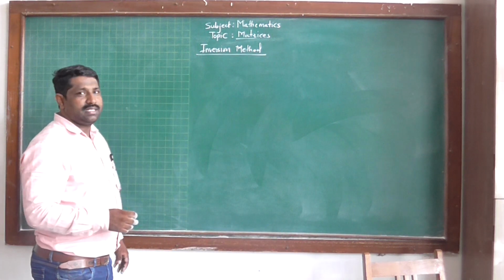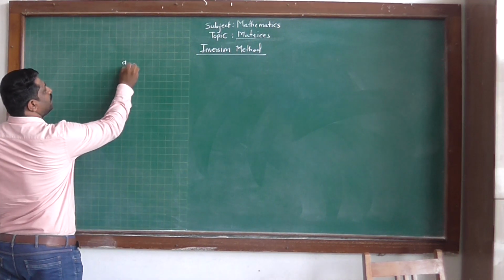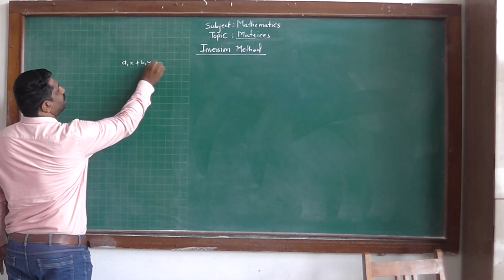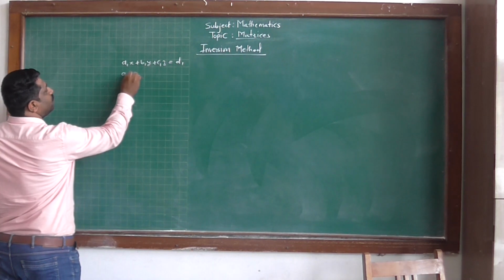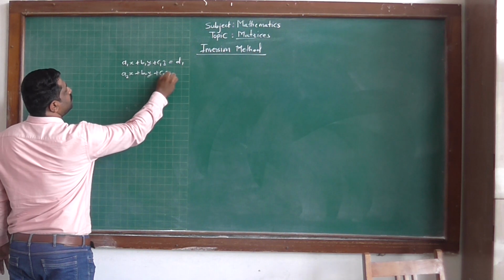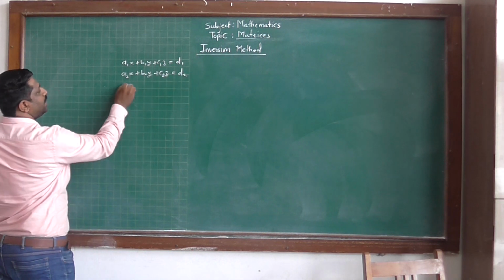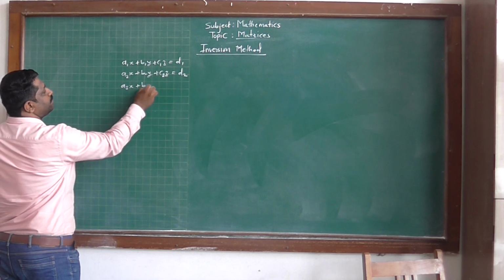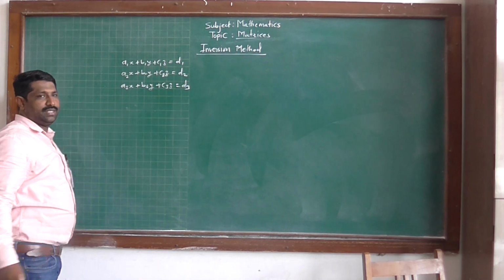So consider three linear equations in three unknowns, that is a1x plus b1y plus c1z is equal to d1, a2x plus b2y plus c2z is equal to d2, and a3x plus b3y plus c3z is equal to d3.